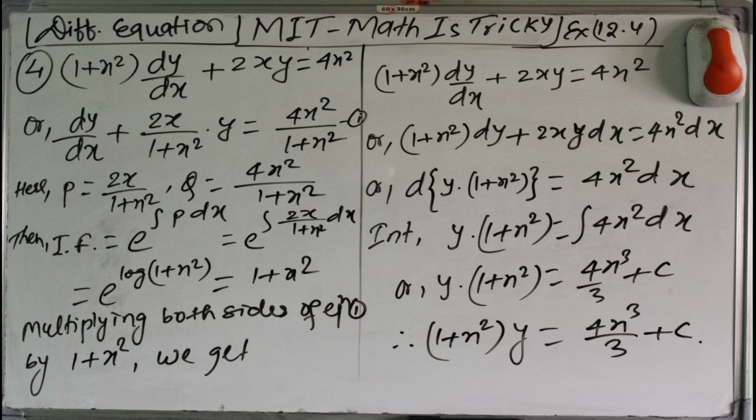So the integrating factor is simply 1 + x². Now multiply equation 1 by 1 + x² on both sides, and we get (1 + x²) dy/dx + 2xy = 4x² dx. Taking the LCM, we get (1 + x²) dy + 2xy dx = 4x² dx. Now we express the left hand side as the derivative of a product of two terms.